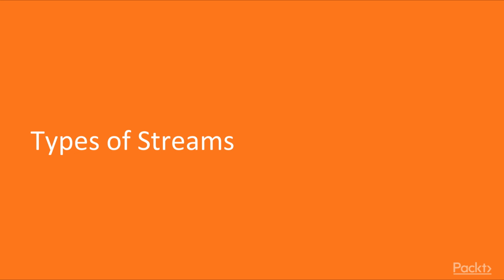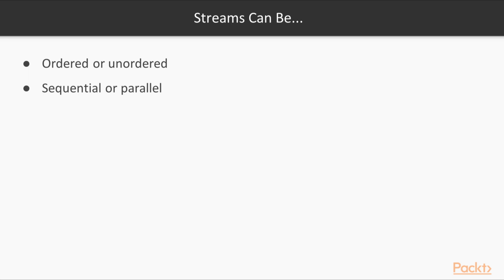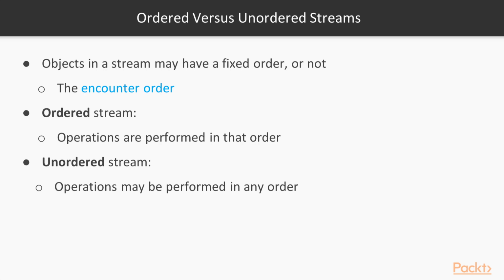Finally, you should be aware that streams come with a couple of options. The main options are the following. A stream can be ordered or unordered, and it can be sequential or parallel. Let's see what these mean. First, what do we mean by ordered? Well, the objects in a stream may come in a fixed order or not. If they do, this order is called the encounter order because it's the order in which the objects will be encountered along the stream.